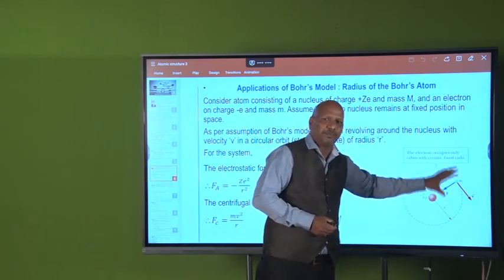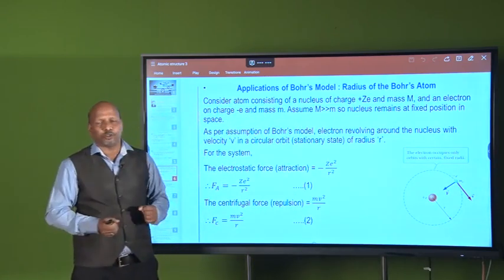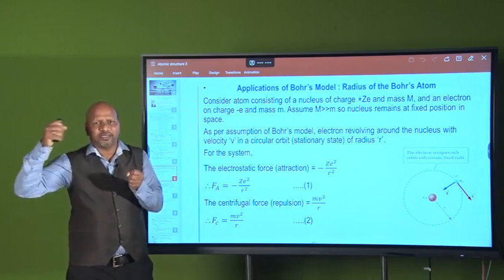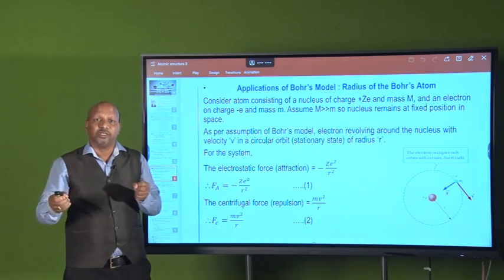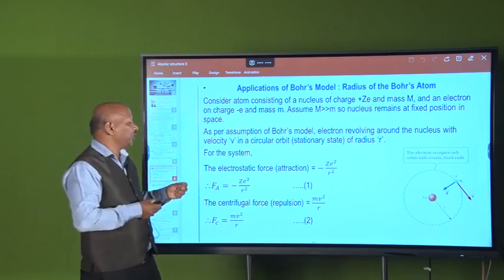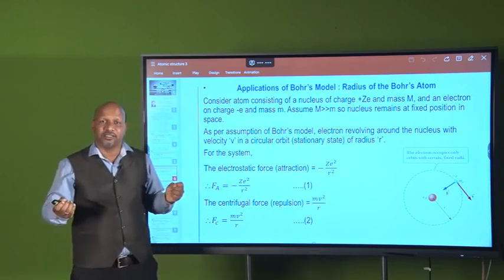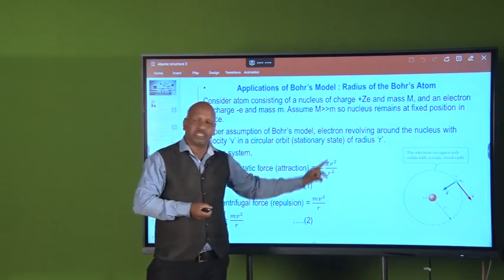For this particular system, consider the electrostatic force of attraction, because at the center there is a positive charge and the electron revolving around it has a negative charge. So we have an electrostatic force of attraction, because the charges are different. This force becomes minus Ze square upon r square.